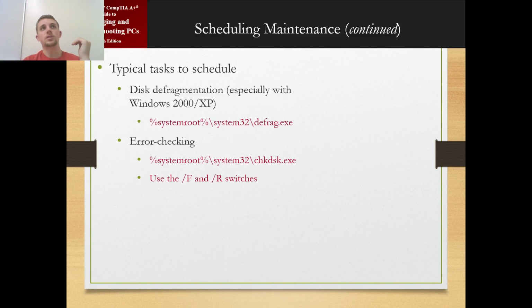So you can automate disk defragmentation. I think Windows 7 does that in the background automatically. And then you're checking, you can just use check disk. That's another thing I don't really bother with unless something is wrong.